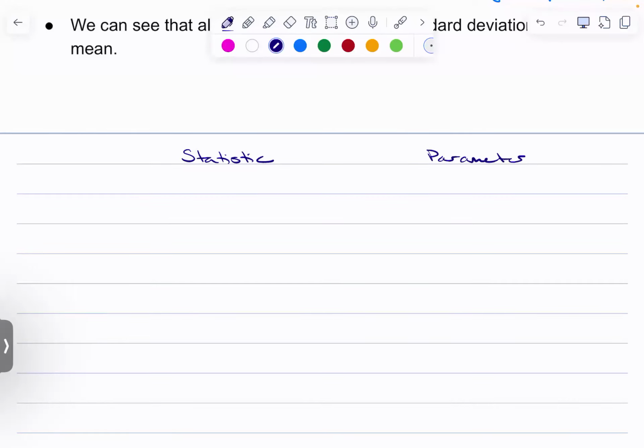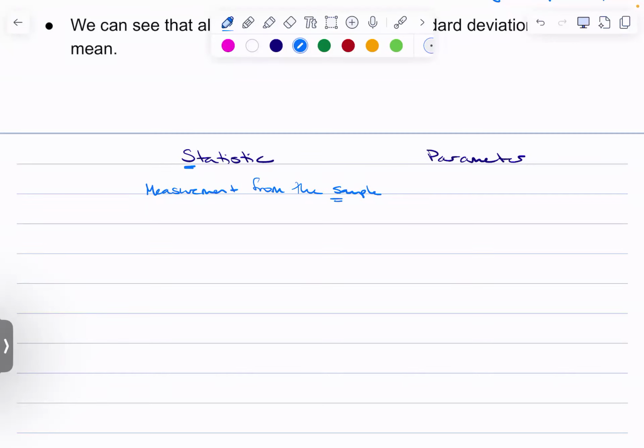Do you remember what they are? A statistic is a measurement from the sample. Notice the S and the S. That's convenient, right?